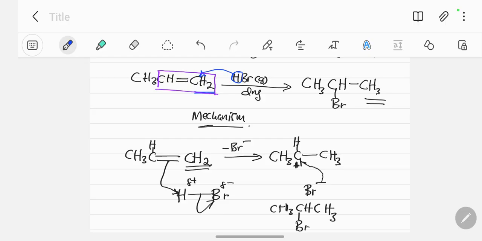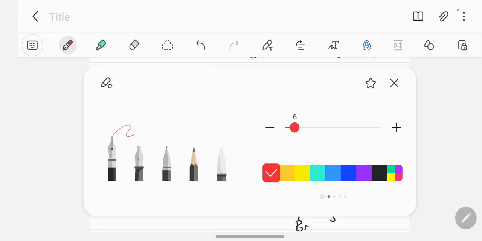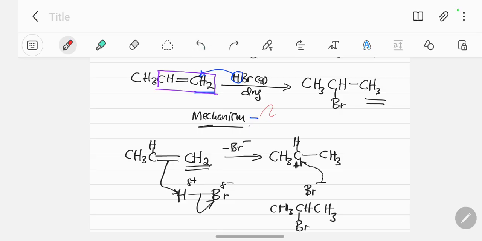So that is it. Then we move on to, I've called this, I'm following Markovnikov's rule.